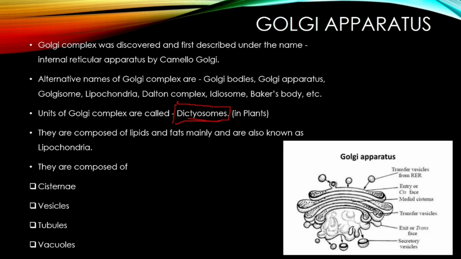Now you can see here in the diagram the single membrane structure, this entire structure is called the cisternae, and finally they make many tubules. So this is all cisternae and tubes. These are small transfer vesicles, and the small structures which are round shaped, these are called vacuoles.